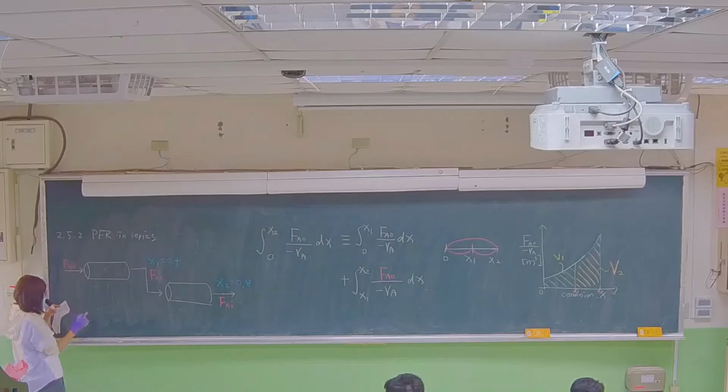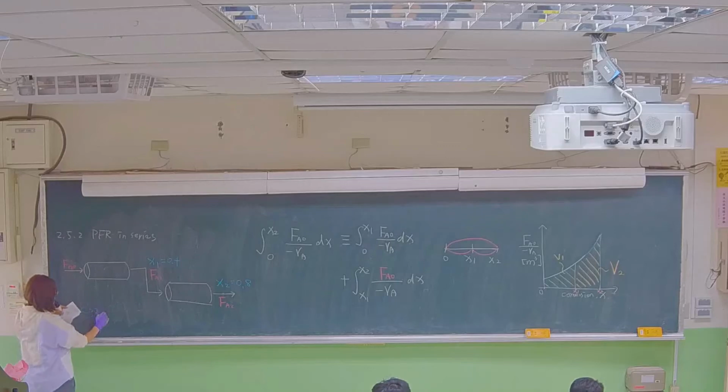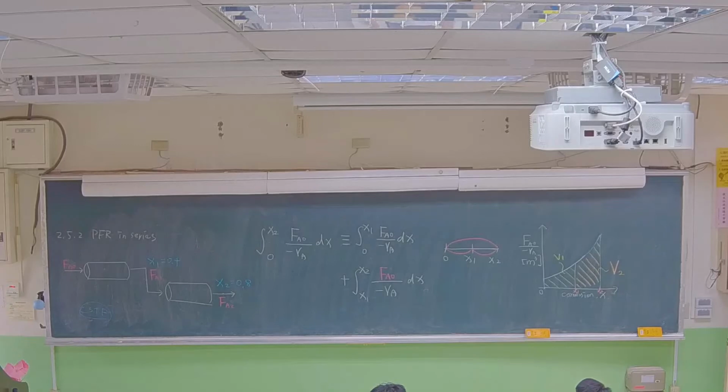But for the previous example, for CSTR, connecting CSTRs in series can reduce the volume, right? CSTR is okay. But PFR, serial connection cannot reduce the volume. Let's see one example so you will know better about PFR in series.